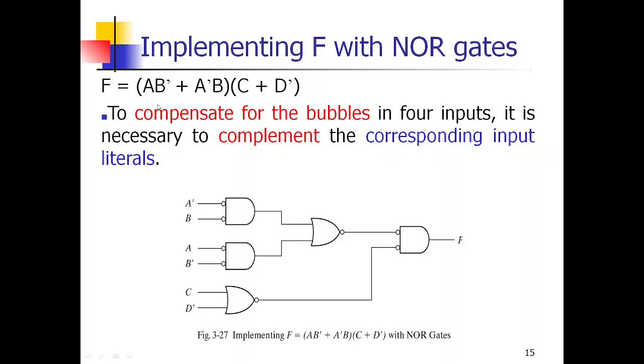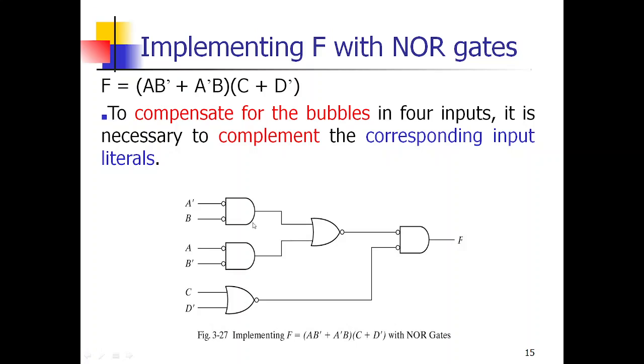Otherwise, we can compensate the bubbles in the inputs. For this expression we have 4 inputs, and it is necessary to complement the corresponding input literals. So we have to make the complement, and we have to use the invert AND symbol.